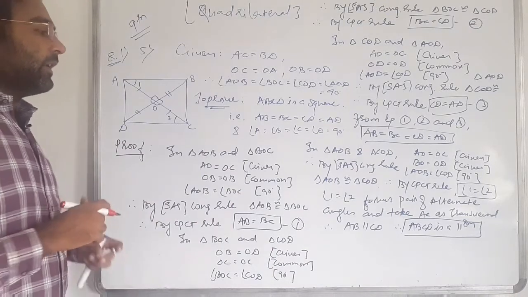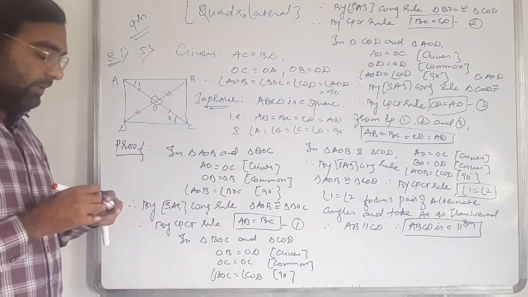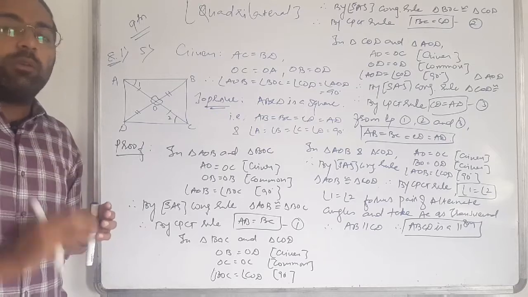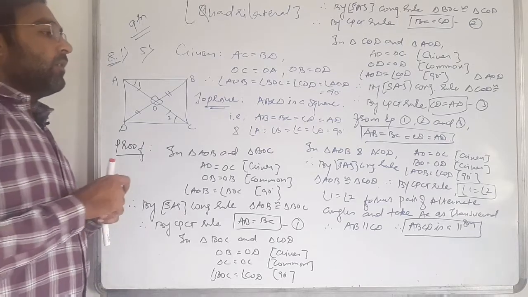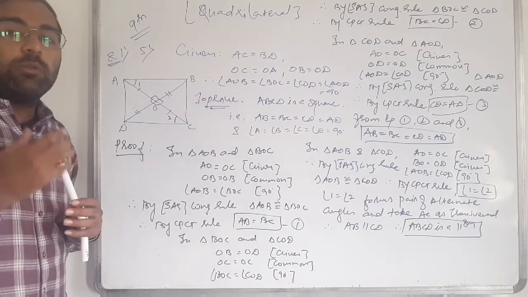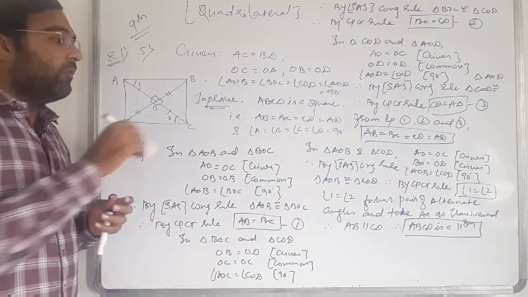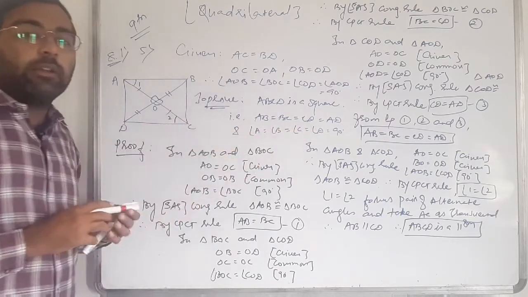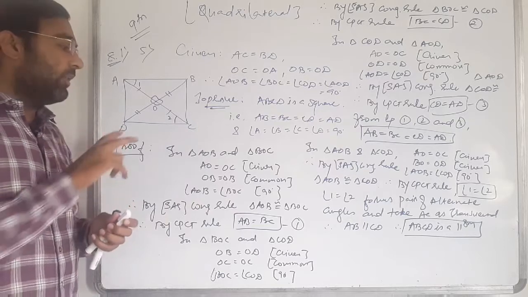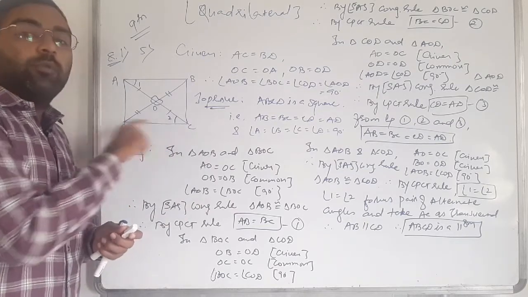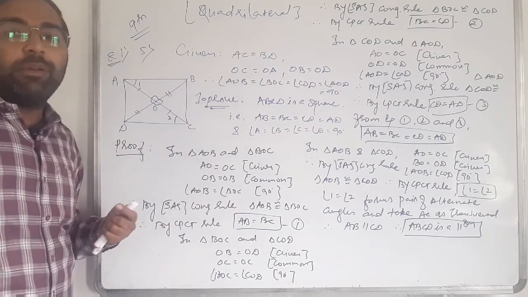Now we have to prove that all the angles are equal to 90 degrees. For proving all the angles equal to 90 degrees, we need to prove adjacent angles are supplementary.